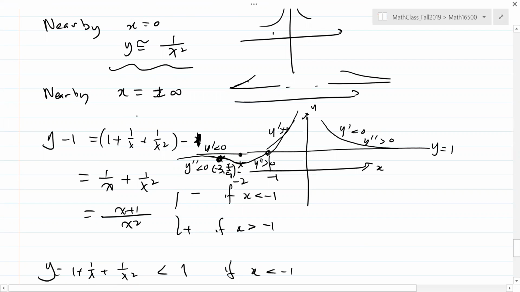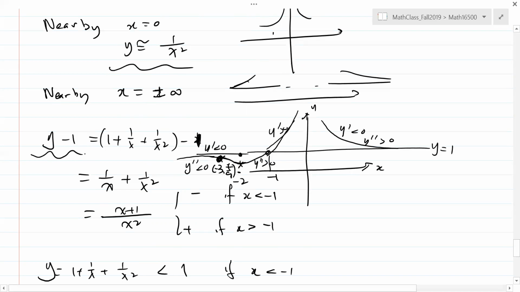The only problem is whether the graph is always above the horizontal asymptote or below it. So I take the difference, y minus 1. Then it's clear now: x less than -1, it's negative. When x is greater than -1, it's positive. So a portion of the graph is below the horizontal asymptote.